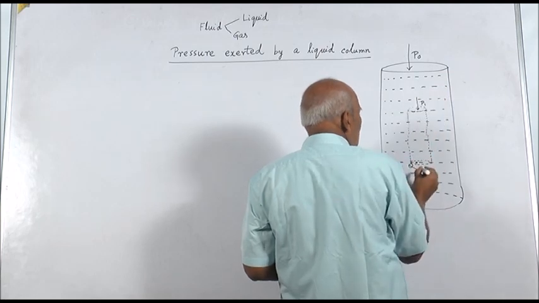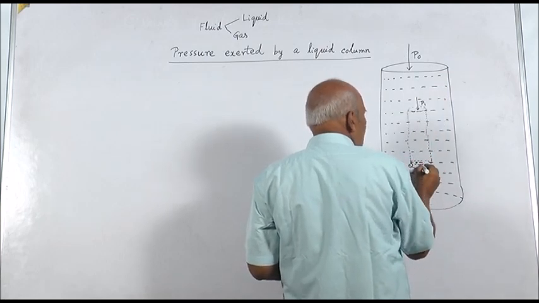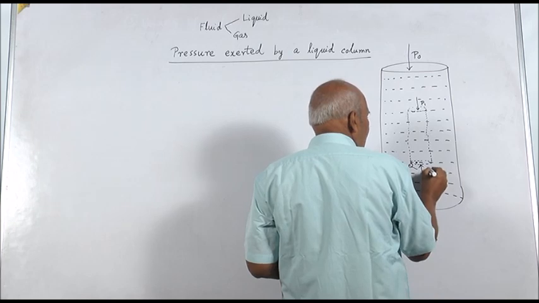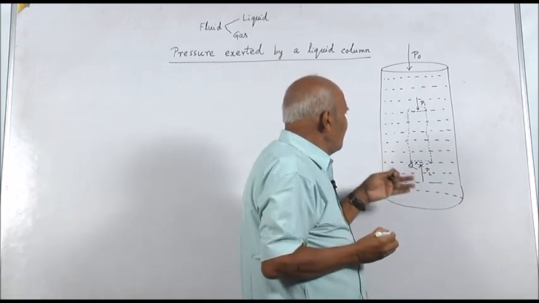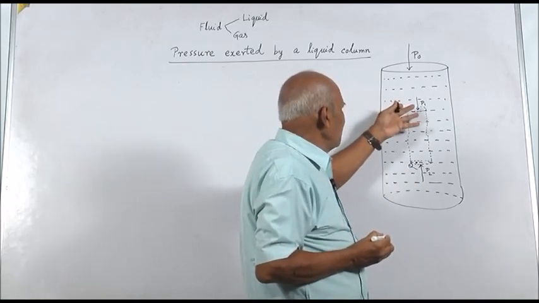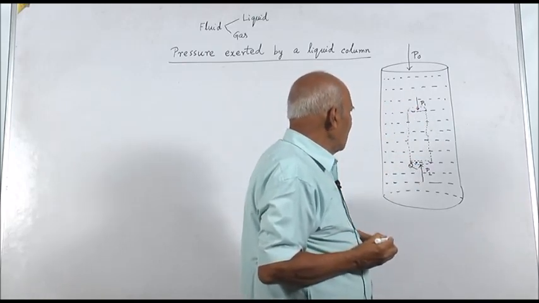Say the pressure is P1 here, and this pressure is P2. We pretend that we do not know which one is greater, P1 or P2.